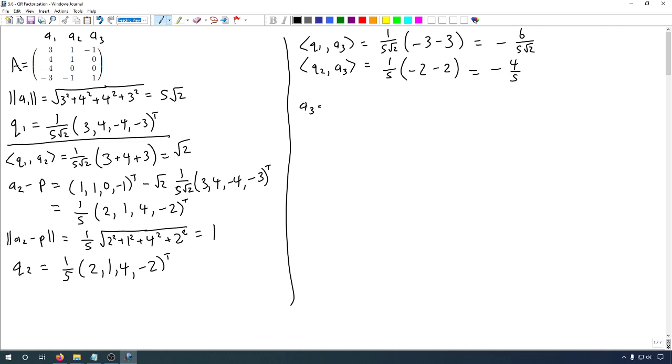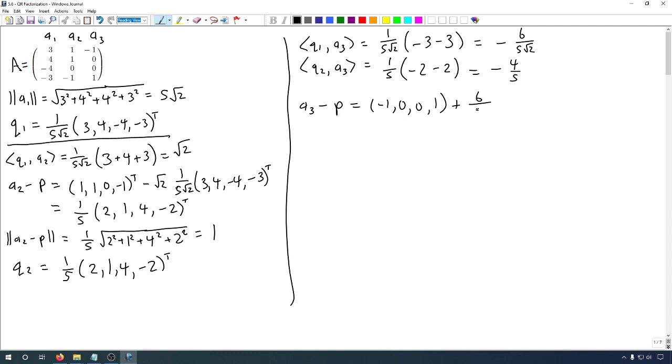Then we take A3 minus our projection. Remember, our projection is just going to be these two inner products times their corresponding q's. So A3 was negative 1, 0, 0, 1. We subtract, or actually we add, because we have a minus sign here.